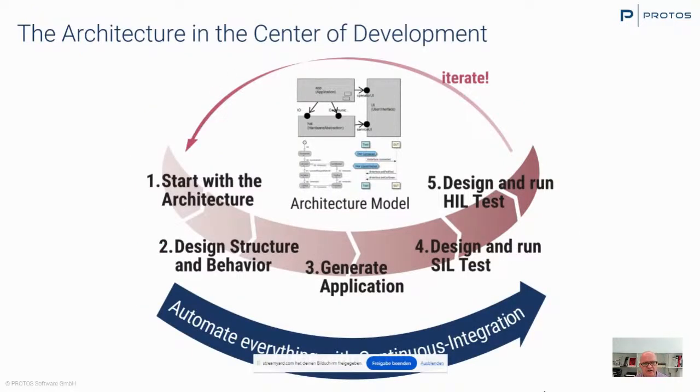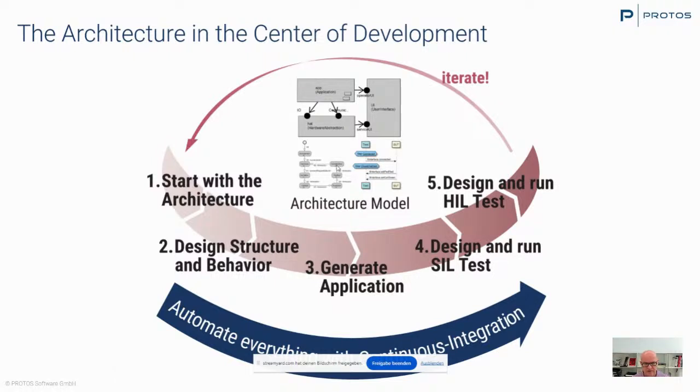If we put the architecture in the center of development, we need a method that really allows this. With ROOM, we have such a method. I'll explain something about this later. You can design in the architecture model the structure and the behavior of an embedded system, of a distributed real-time system, for example.